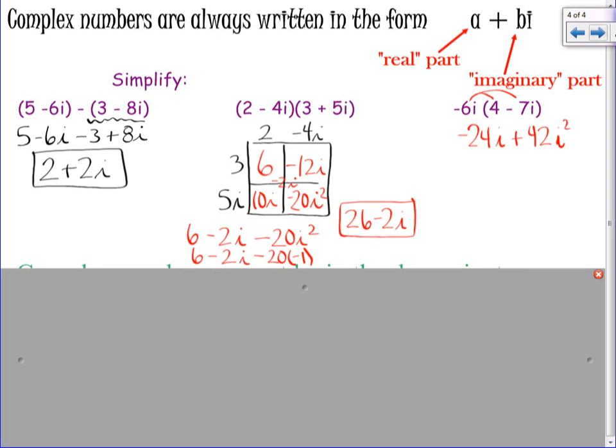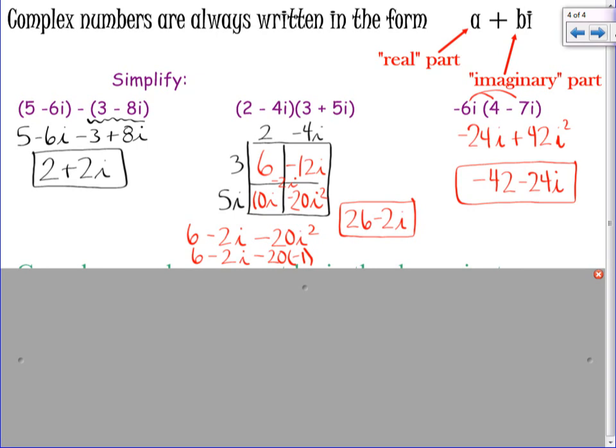Okay, and I squared is really negative 1. So what's the answer going to be? Questions?